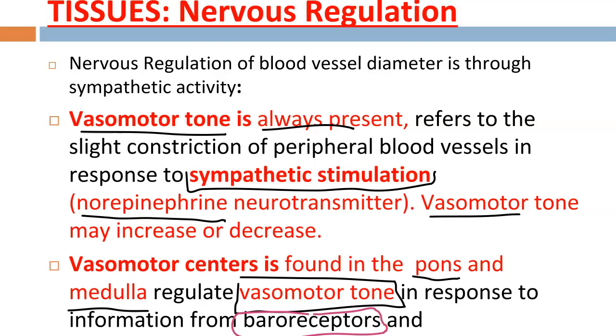The vasomotor centers are also receiving information from chemoreceptors found in the same locations. So these centers are constantly being fed information, and based on that information, they're going to respond by increasing sympathetic stimulation or decreasing sympathetic stimulation.